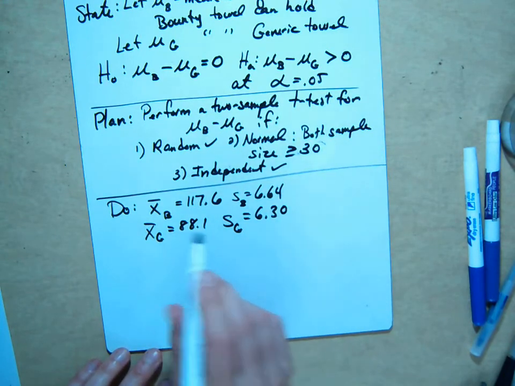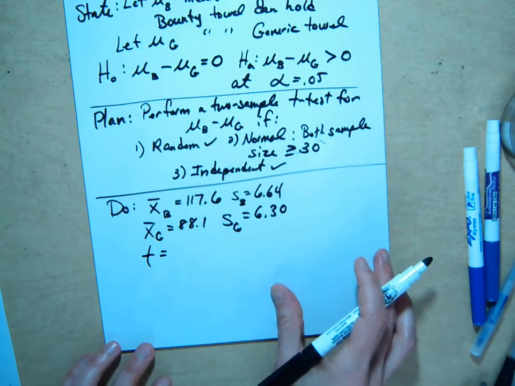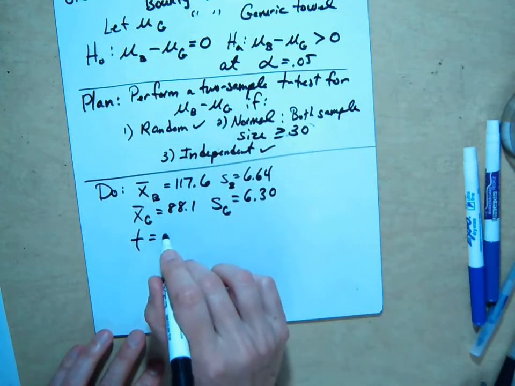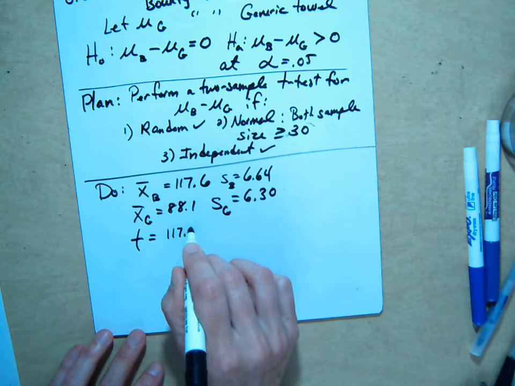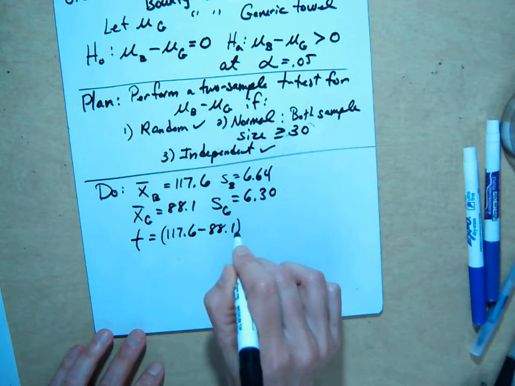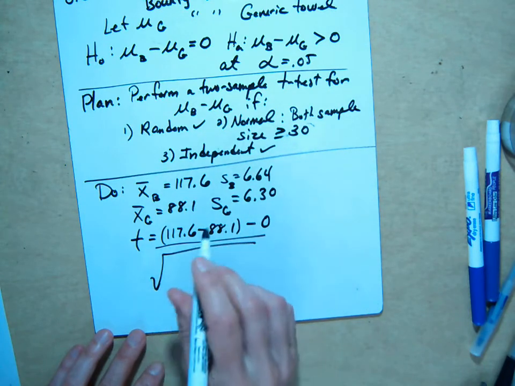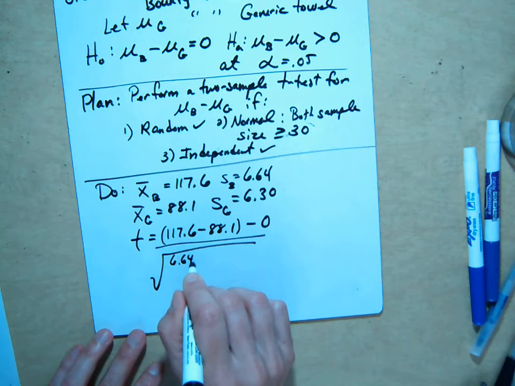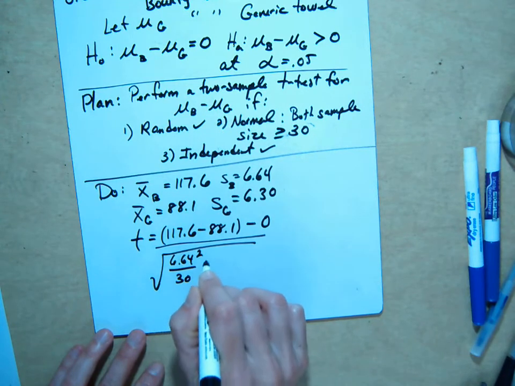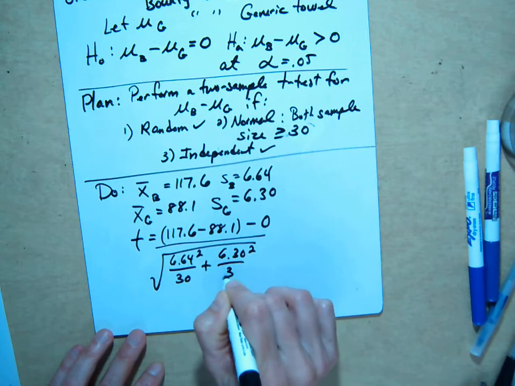So our test statistic t is going to equal, using the formula I gave earlier in the notes, the difference of means, 117.6 minus 88.1 minus 0 as stated in our null hypothesis, over the square root of 6.64 squared over 30 plus 6.30 squared over 30.